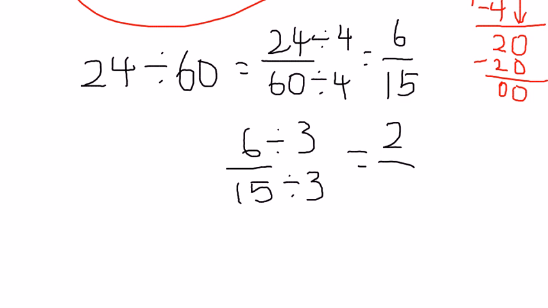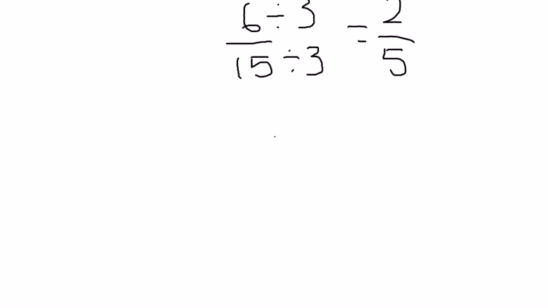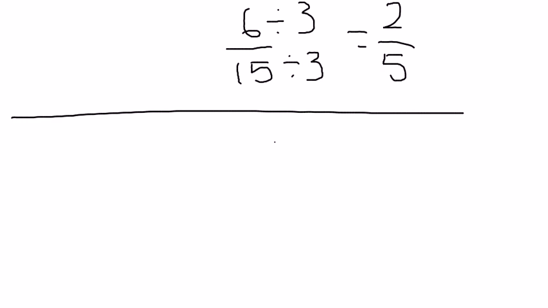Very good. And 15 divided by 3 will be 5. Now we have 2 over 5. How do we do 2 over 5? We can do it by long division or the IU method. I'm going to show you 2 methods.